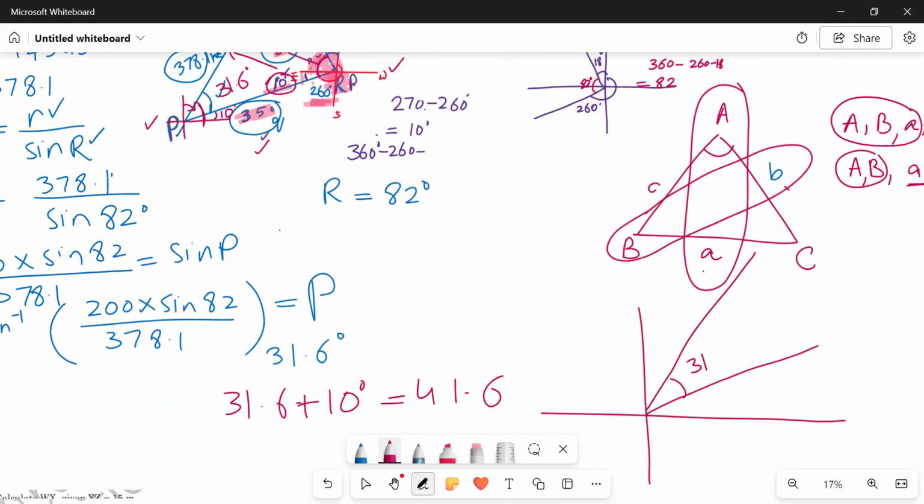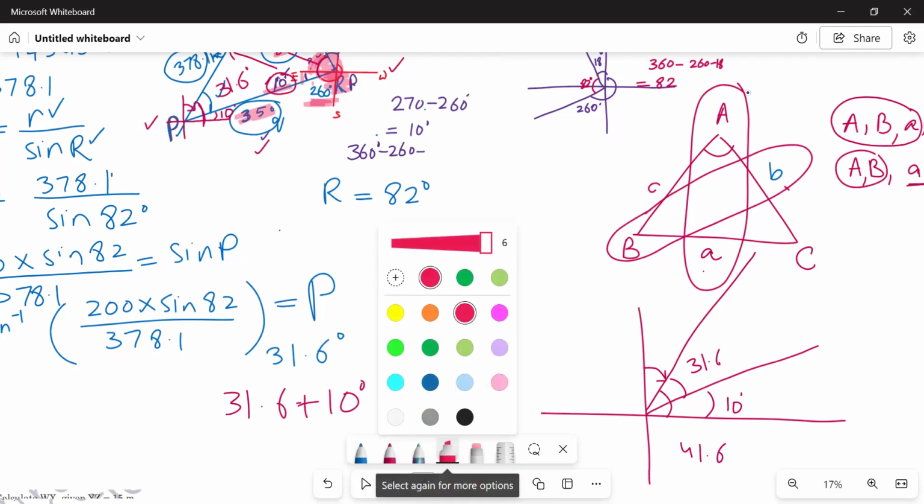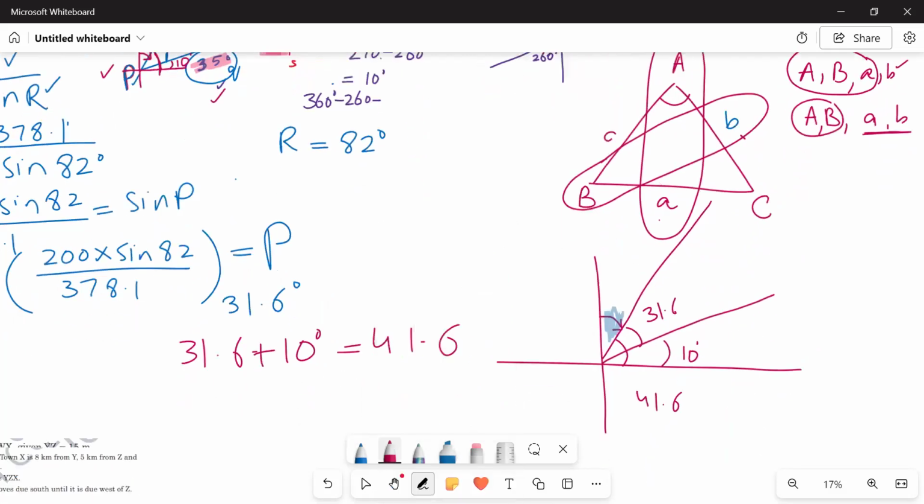This angle is 31, this angle is 10, then this complete angle is 41.6. We have to find this bearing. So if we subtract 41.6 from 90, we will get the bearing of the return journey.